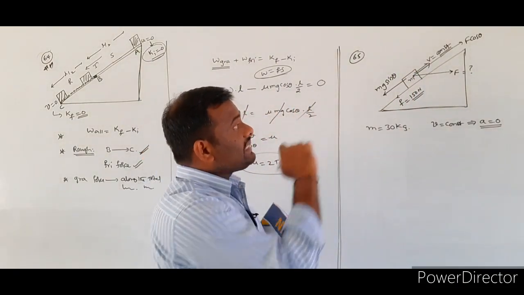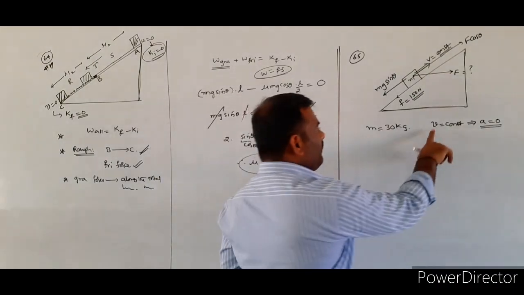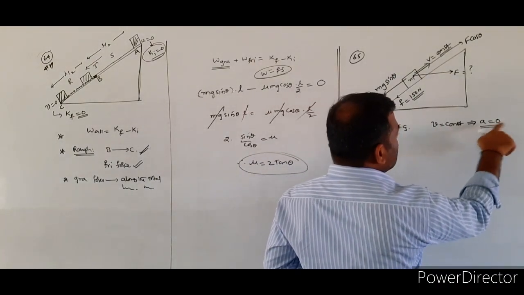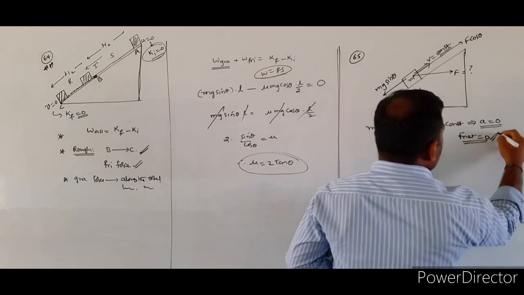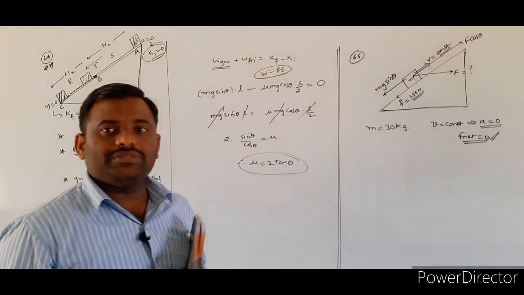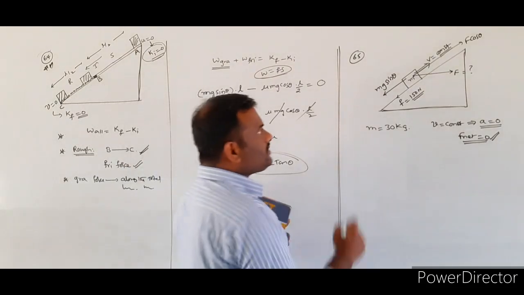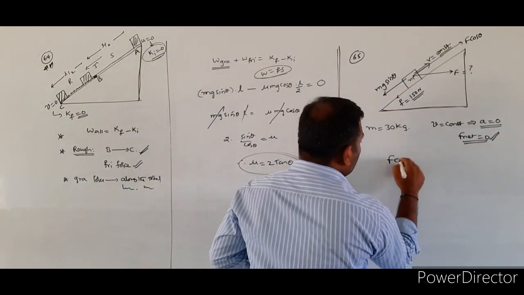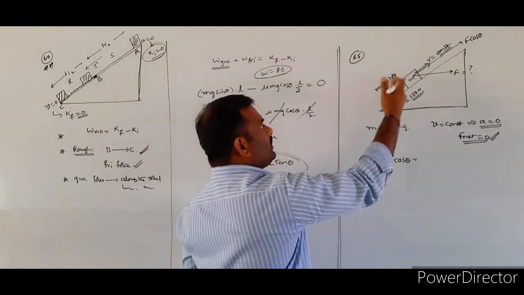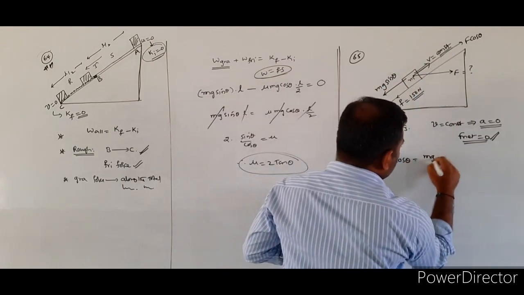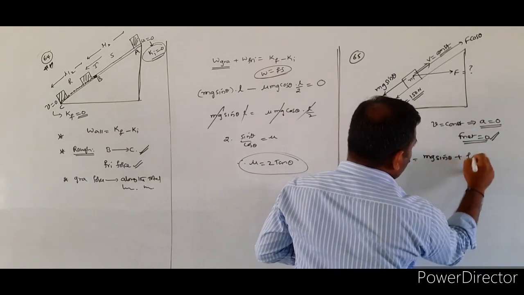Since the object is traveling with constant velocity, acceleration is 0. Therefore, the net force acting on the object is 0. If net force is 0, the upward pulling force is equal to the downward force, that is mg sin theta plus the frictional force.